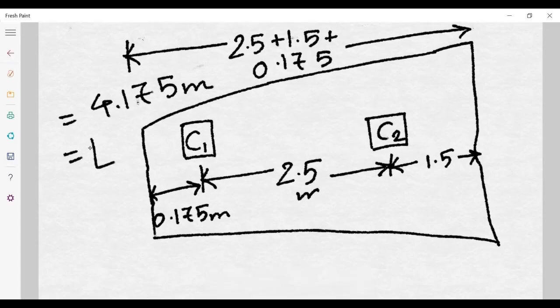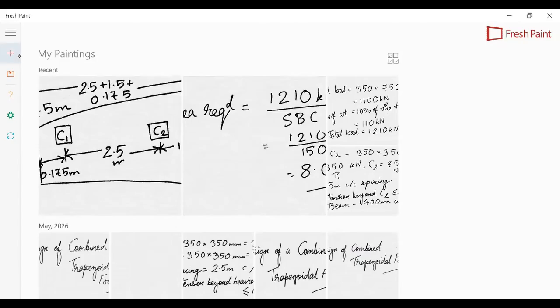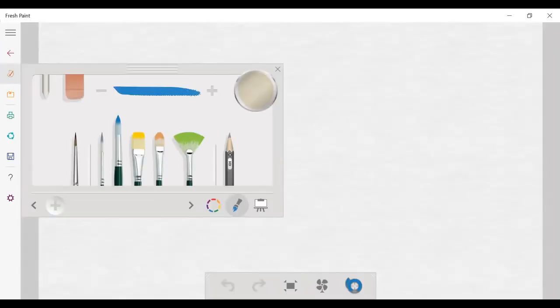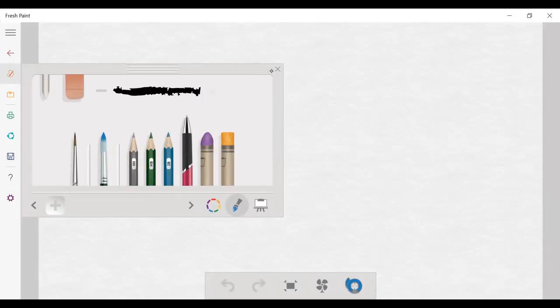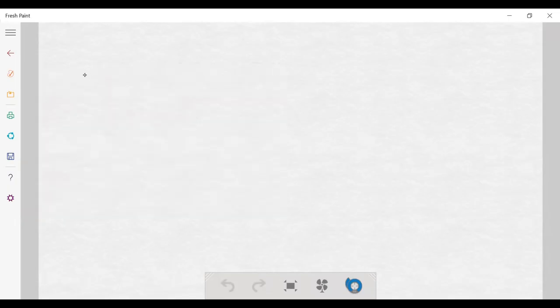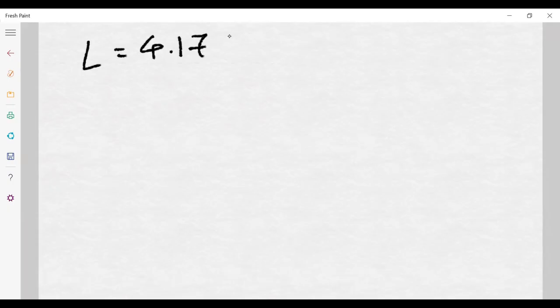This is the length of the trapezoidal footing. So let's proceed further. Length we have got is 4.175 meter.